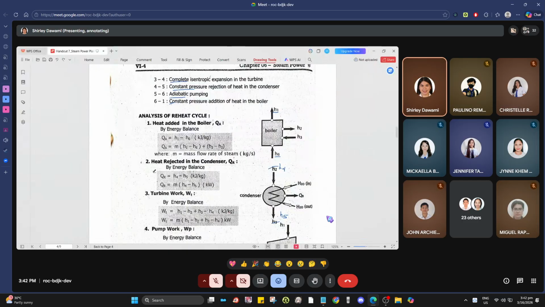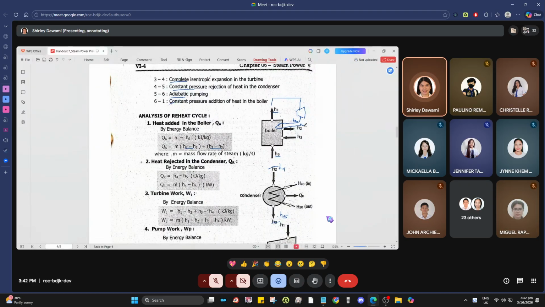Hold on. For the heat added, that is H1 minus H6, plus H3 minus H2. The H3 minus H2 is because of the resuperheating. So here is H2, it's like it went through the superheater, then H3.